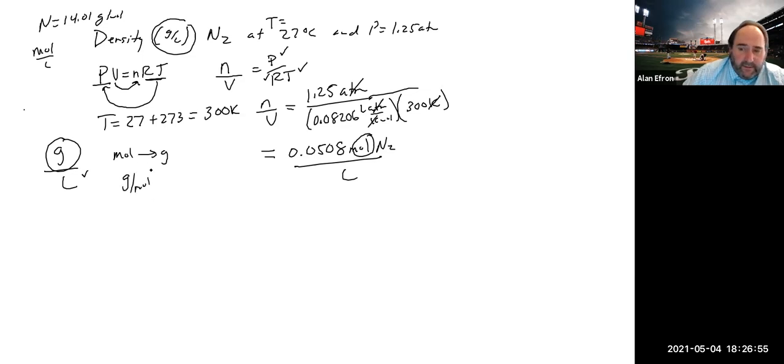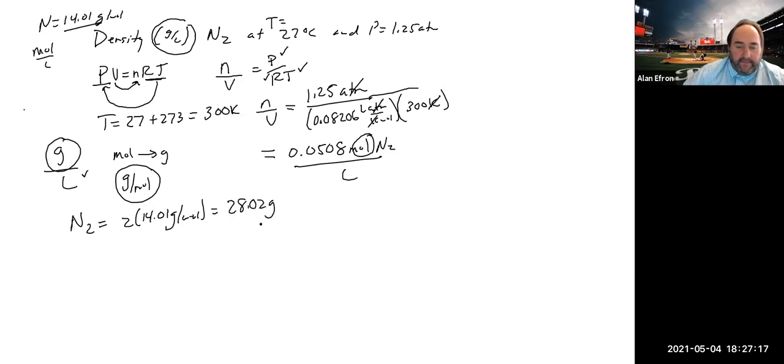That allows us to do that conversion like we've seen many times. So we would want to get the molar mass of N2 in this case. Remember, nitrogen is diatomic. That gets us 2 times 14.01, which is 28.02 in terms of our molar mass, again grams per mole.